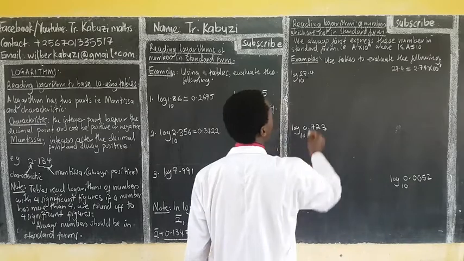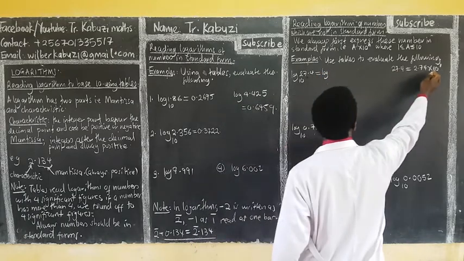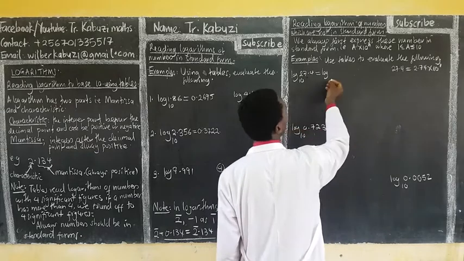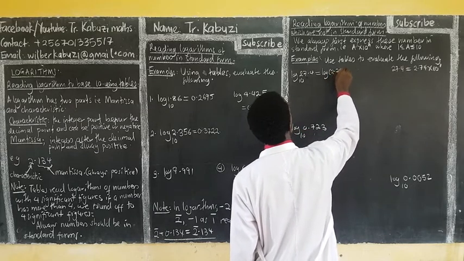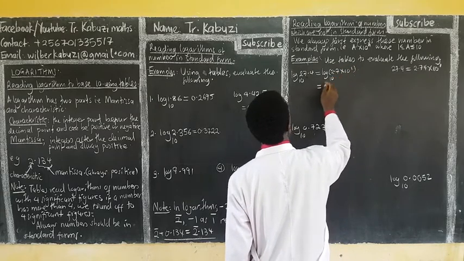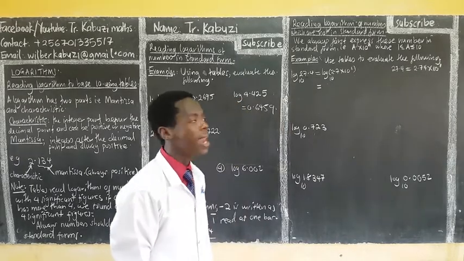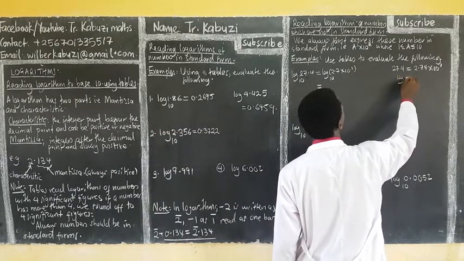So this will be log of the whole of this, which is going to be 2.7 times 10 power 1, 10. But remember, we said if we are multiplying, we can separate, using this property. Hope you remember it.